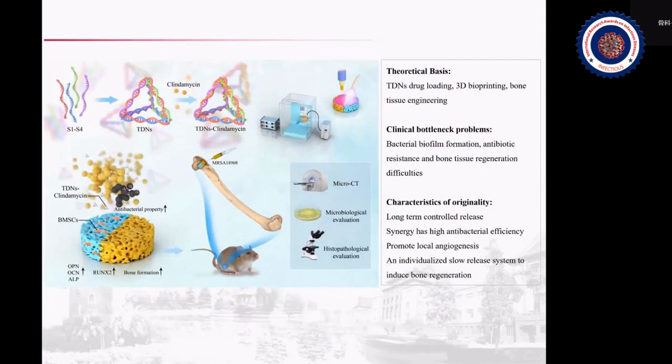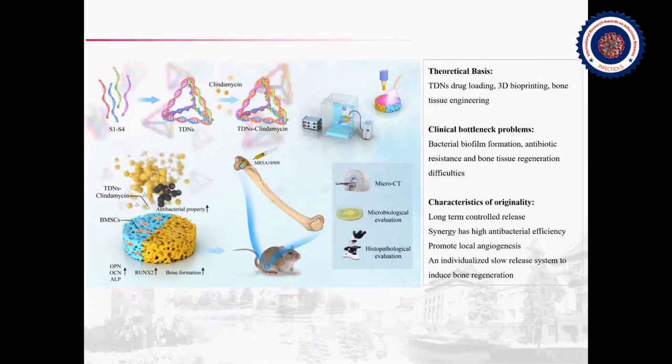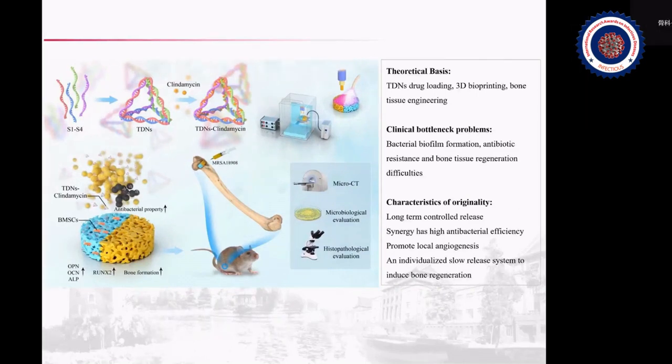In view of the above relevant analysis and summary, combined with the previous research foundation of our group on TDN drug loading, 3D bioprinting, bone defect repair, and GelMA-PEO porous hydrogel materials, this study aims to address the disciplinary problem and clinical bottlenecks of bacterial biofilm formation, antibiotic resistance, and bone tissue regeneration difficulties in the treatment of infectious bone defect.